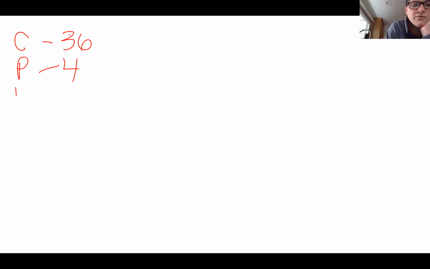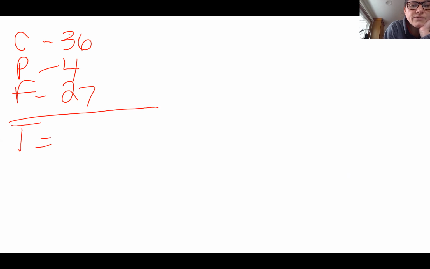Now I'm going to rewrite it. We've got carbs, 36 calories, protein, 4, and fat, 27. Those are the pieces we know. We know that the total of the calories is 67. So then we move on to step 2.